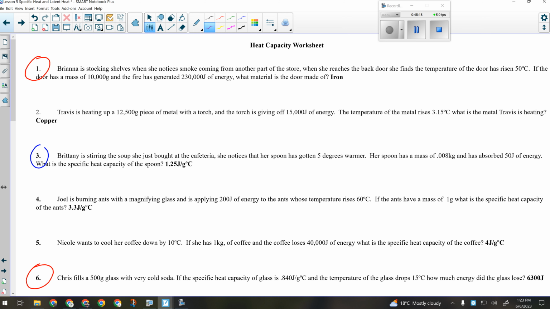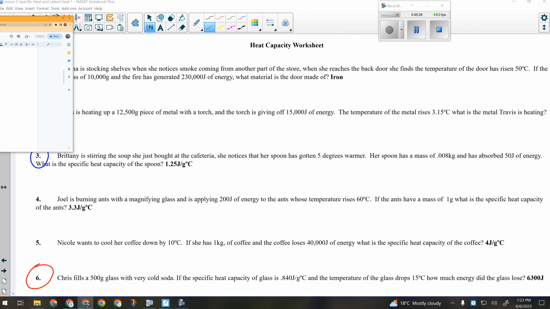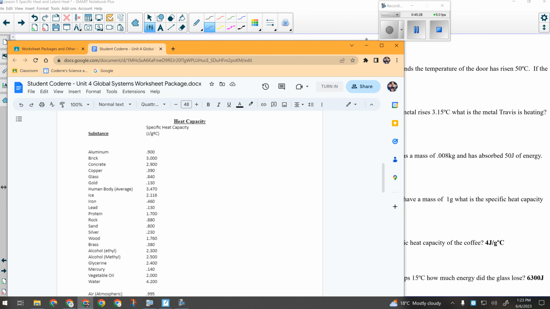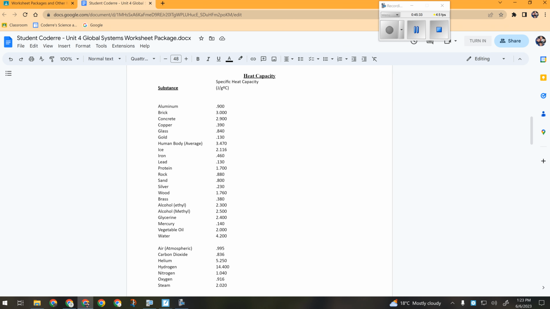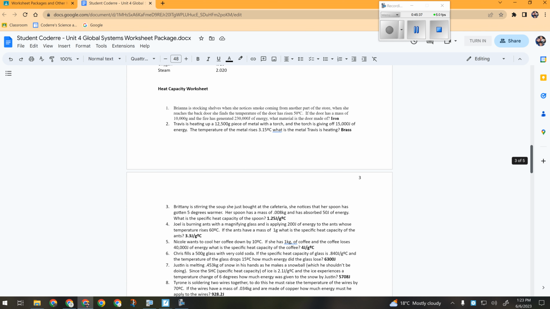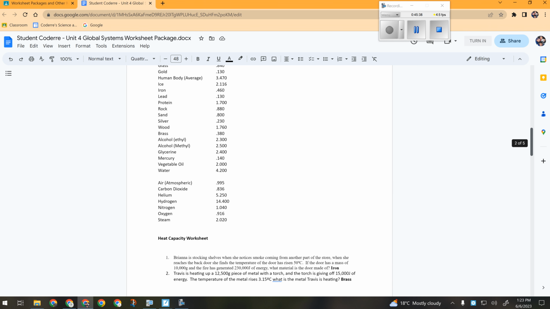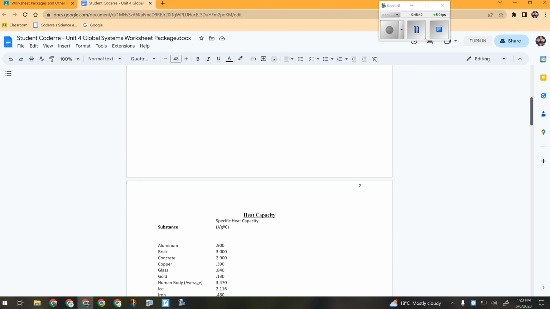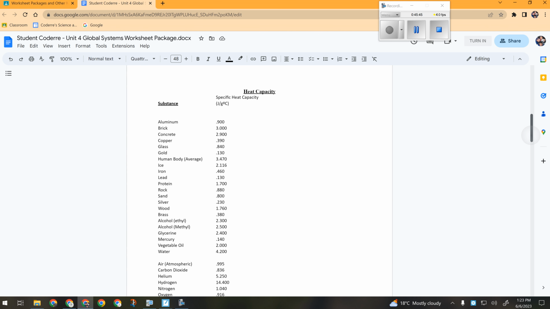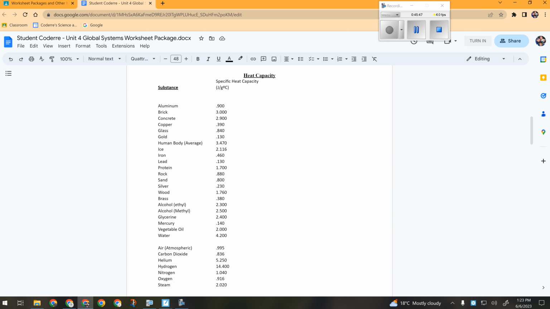What you will need from your booklet is the list of heat capacities. They are on the very second page. You've got the title page first, and then underneath that you've got all the heat capacities that you would need, so you can find them all there.